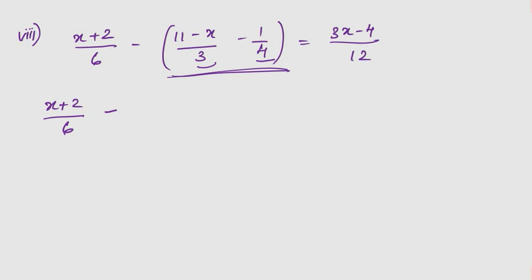So when we take LCM we get the answer to be 12. So we need to multiply the denominator by 4. So multiply the numerator part also by 4. So 4 multiplied by 11 minus x, minus multiply the denominator by 3. So the numerator by 3, minus 3 divided by 12.